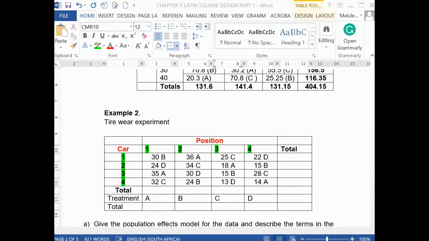If you don't want to write, you can simply indicate from the chart there. Yes, Tato?